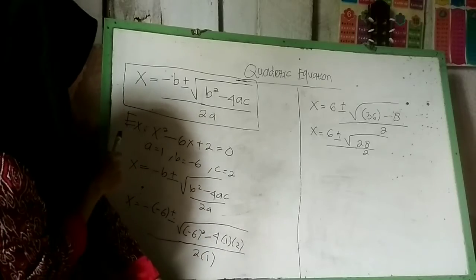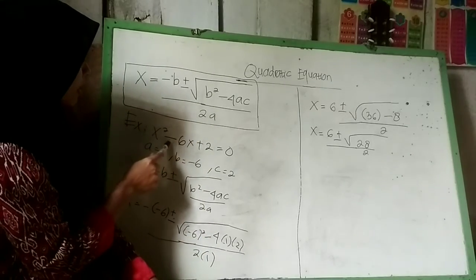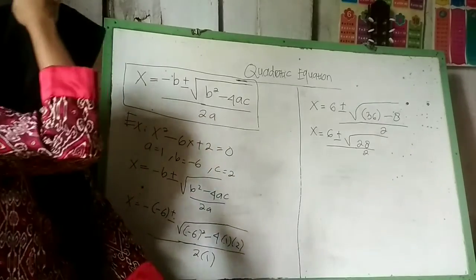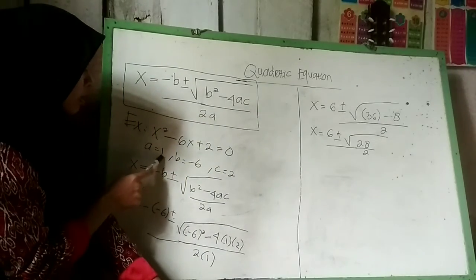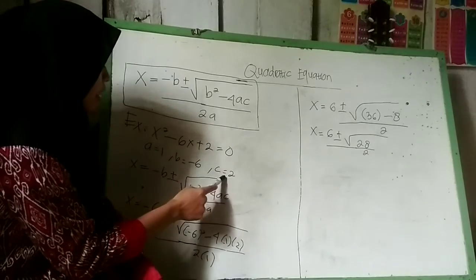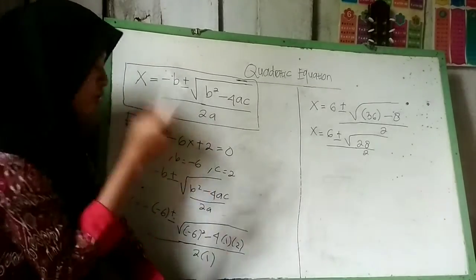For example, x squared minus 6x plus 2 equals 0. Okay, a is 1, b is minus 6, c equals 2.